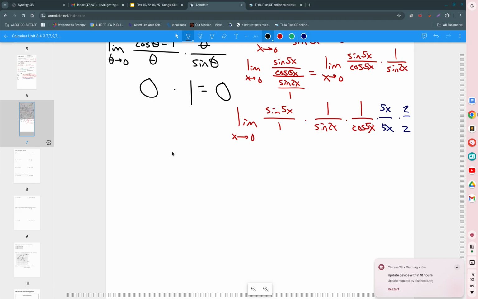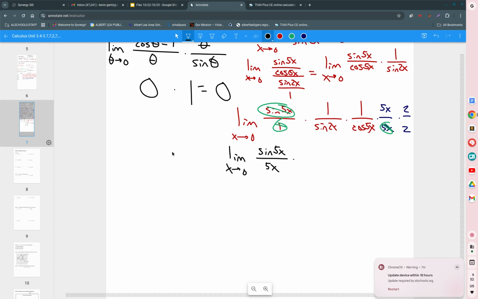And so now, as I write it, I have the limit as x goes to 0 of sine of 5x over what? 5x. I'm going to be careful on my work, so I'm going to go ahead and cross off things as I use them. I've used the sine of 5x and the 1 and the 5x. Those are all gone.